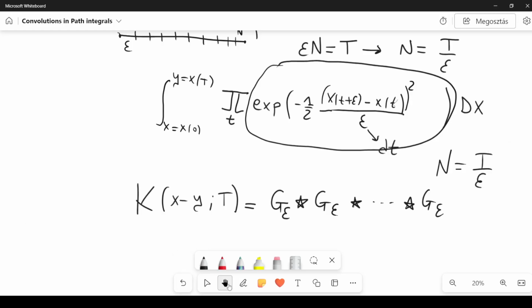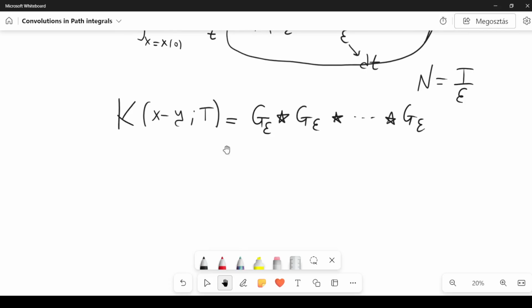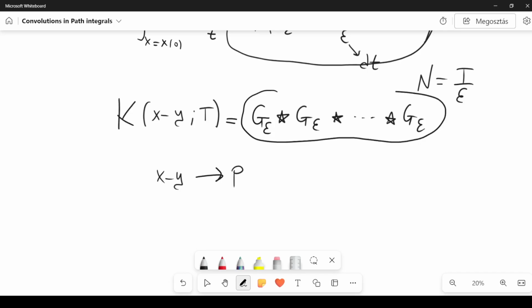Now, we move from the space domain to the Fourier domain, and by space domain in this case I mean from the variable x minus y to the variable p. It's important to highlight that we have to start from x minus y, because we are taking all these convolutions here.